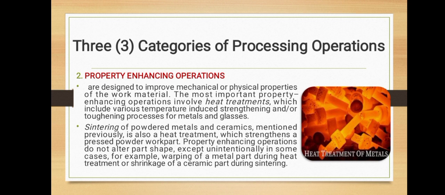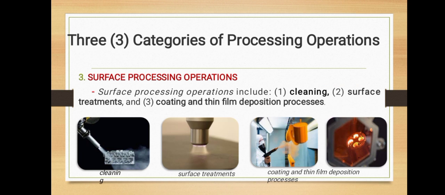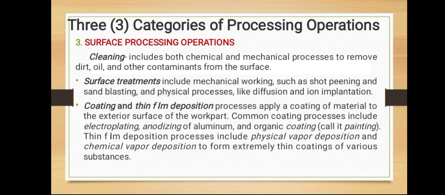The last is surface processing operations. Surface processing operations include cleaning, surface treatment, coating, and thin film deposition processes. Cleaning includes both chemical and mechanical processes to remove dirt, oil, and other contaminants from the surface.